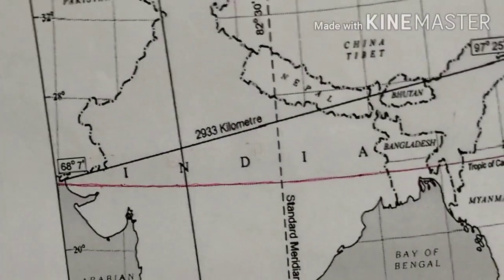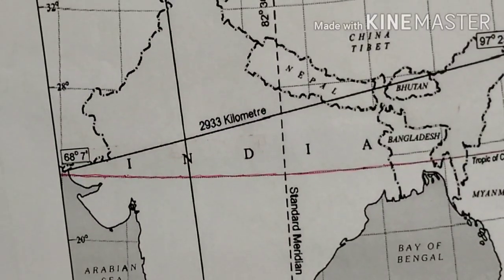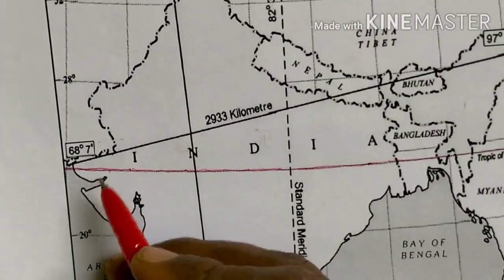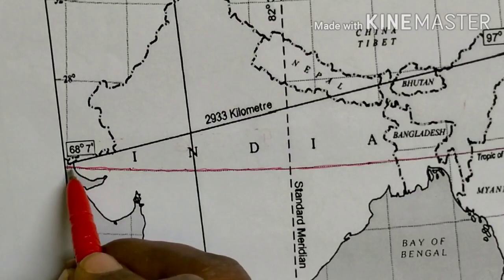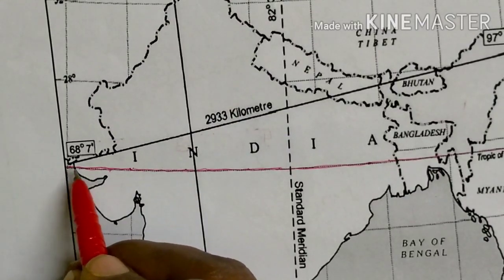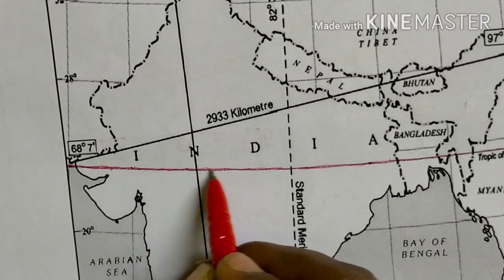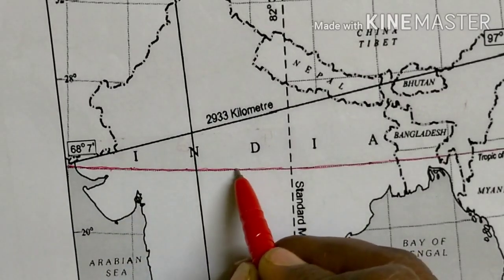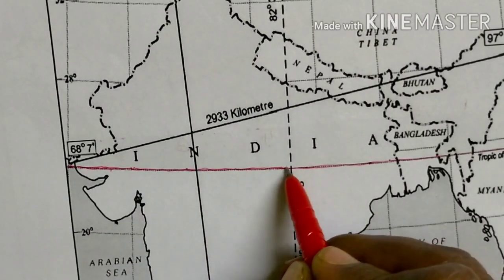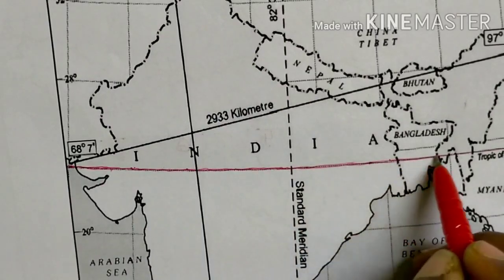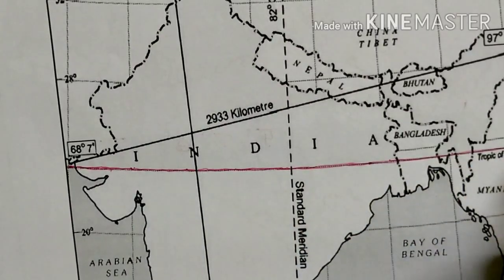This map is given in our textbook. Observe this Tropic of Cancer. This line, you observe this line. I am drawing this line from west to east. What is it?